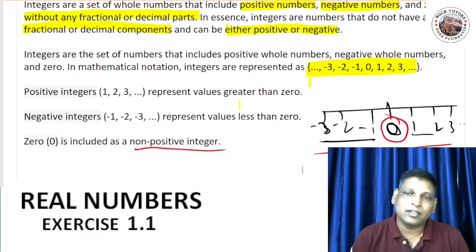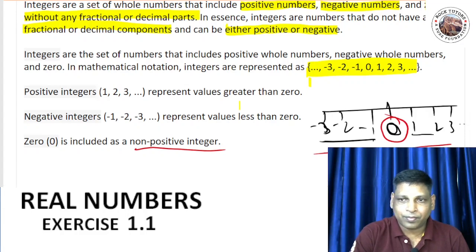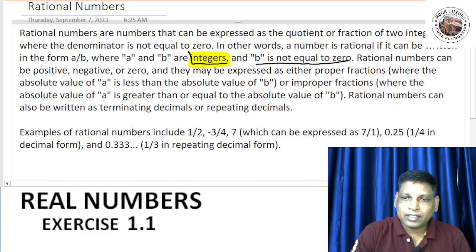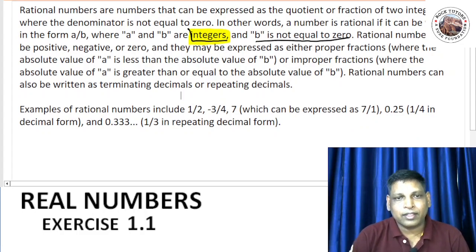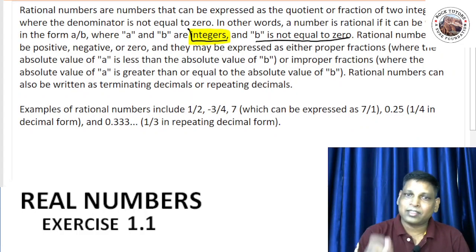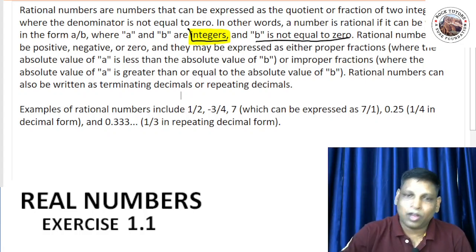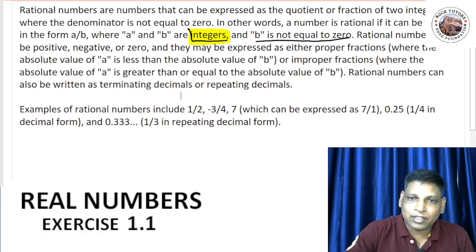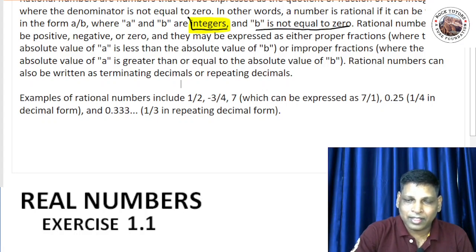Once again I'll go to rational numbers, now that we have discussed integers. Many students have a doubt in this matter. Rational numbers are very easy if you understand integers.